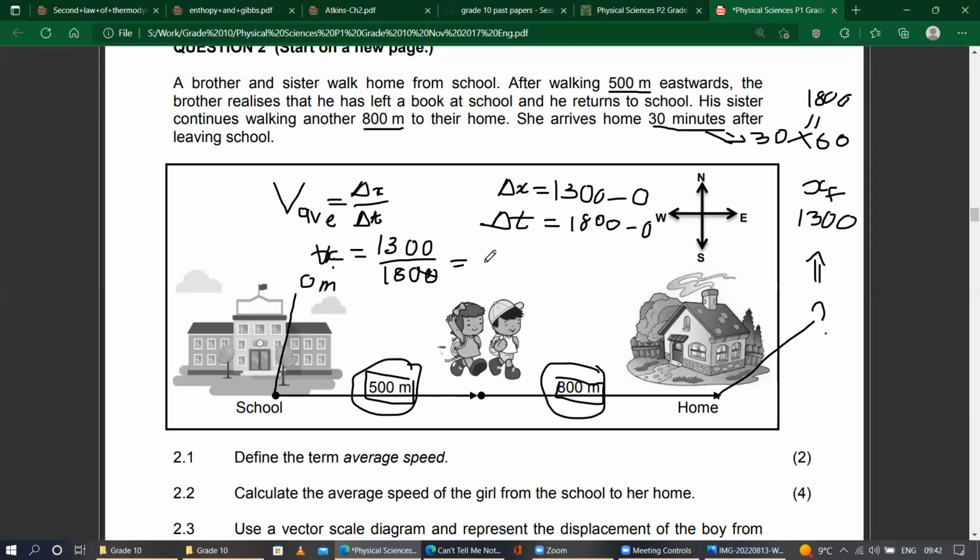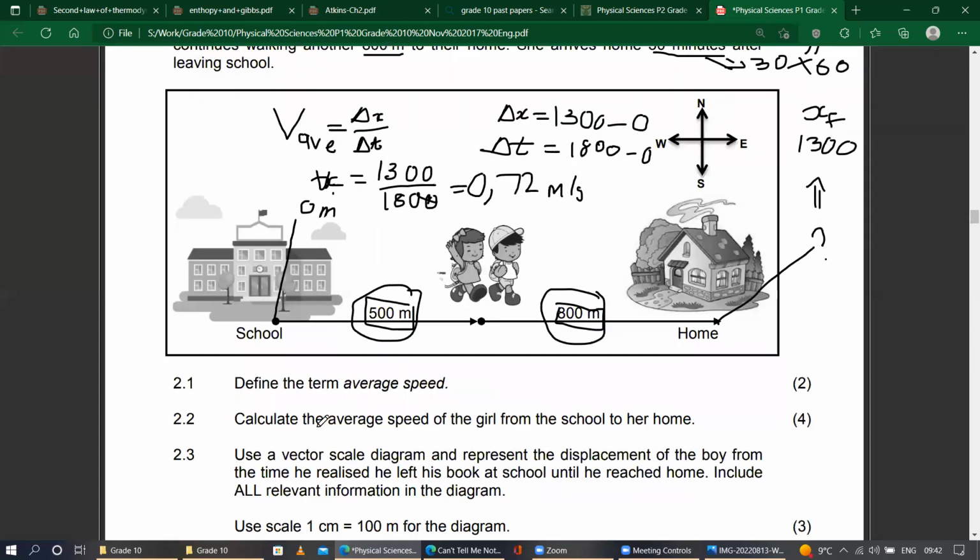Can you convert that into decimals? It's 0.722, so 0.72 meters per second. So that's the average speed of the girl from school to home.